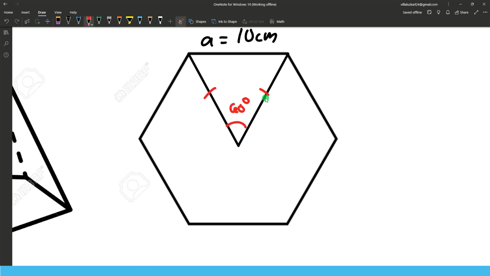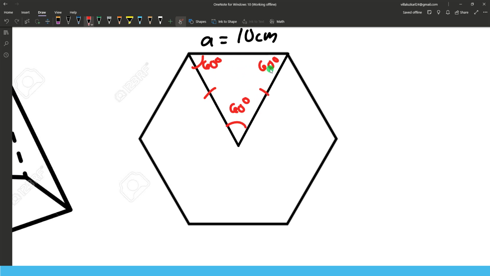Since this is a regular hexagon, these sides are equal. In a regular hexagon, the triangle formed here is always equilateral, since the remaining angles equal 120 degrees, and dividing that equally by 2, that's 60 degrees each.